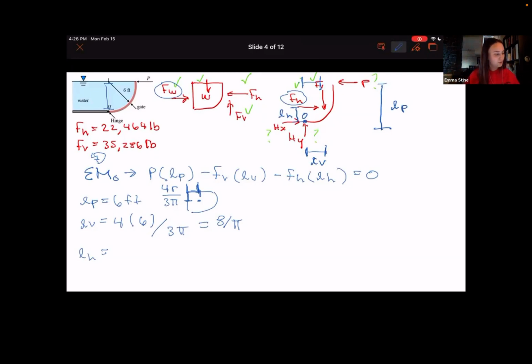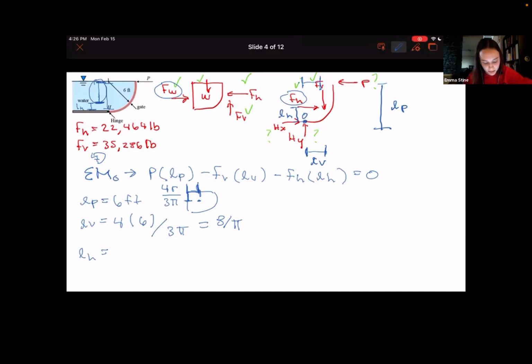So we've got to find our YR, which is going to be on page, I think, 20. We figure out how to solve for this value. What we actually care about is this value, LH, so we're going to have to do 6 minus this value.